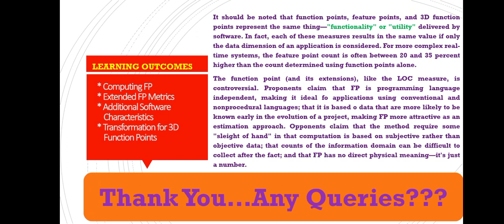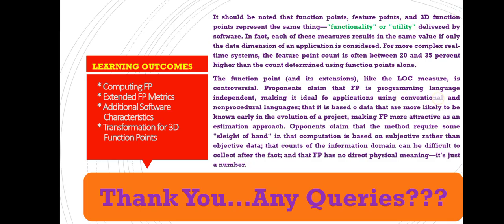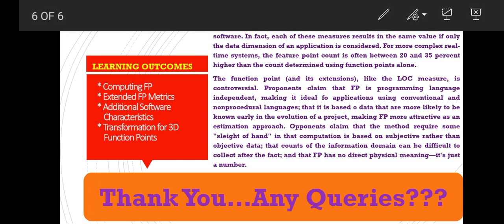For complex real-time systems, the feature point count is 20 to 35% higher than the count determined using function points alone, because, as discussed in the previous slide, feature points are a superset of function points. That is the reason why the percentage is always higher.